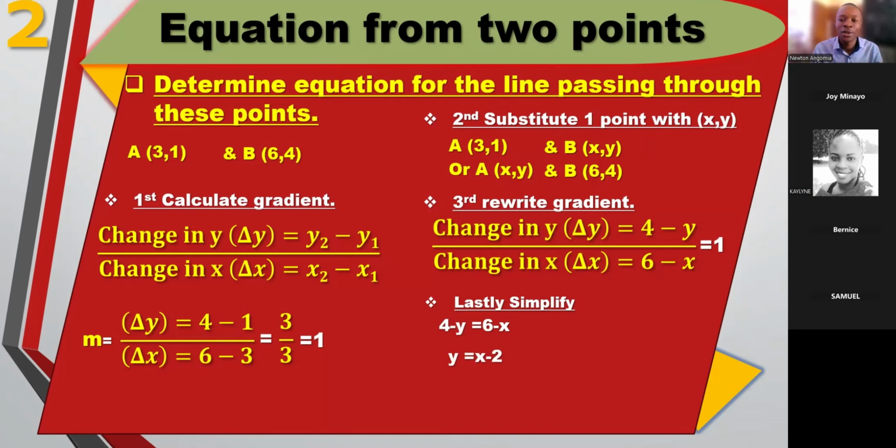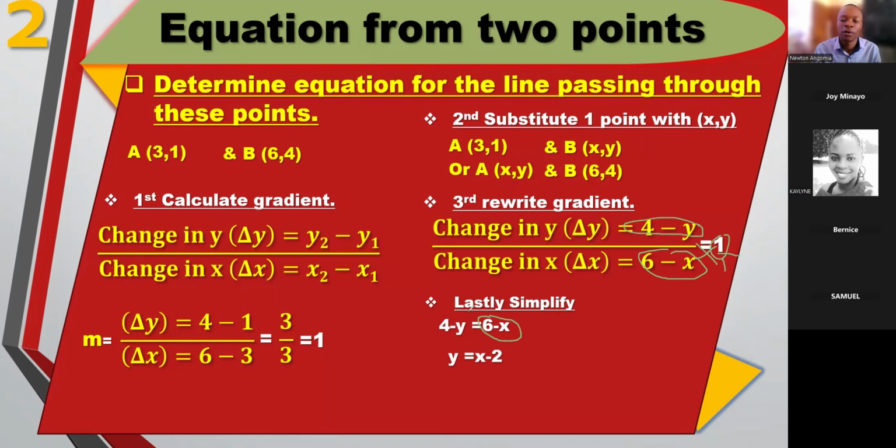So what did I do in this first question? This is what happens when you multiply this 1 by 6 minus x, you get 6 minus x. Then when you also multiply by 4 minus y all over 1, in this case here we normally have a 1.